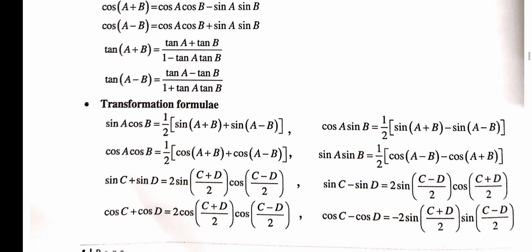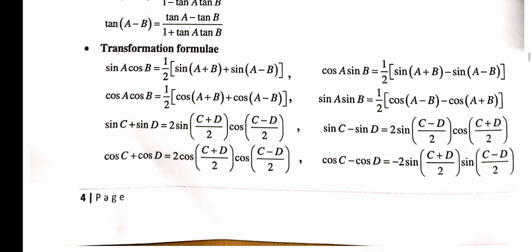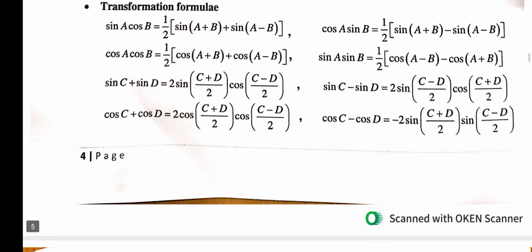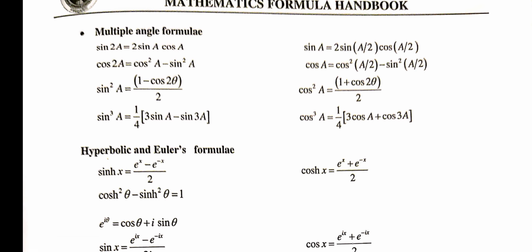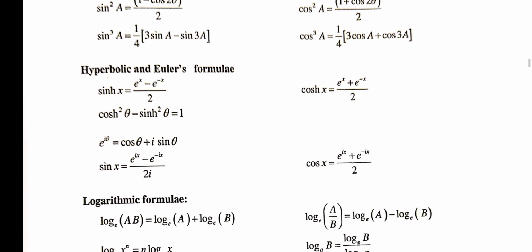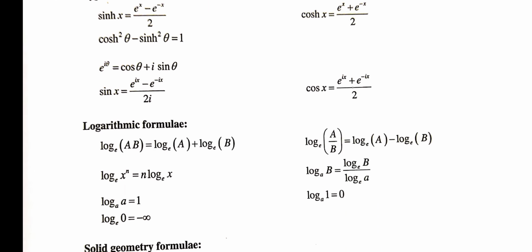Remember the formulas, apply the logic, and write them in your notes. This is main important. The multiple angle formulas are also important: sin 2a equals 2 sin a cos a, cos 2a equals cos square a minus sin square a. These formulas are used in most questions.